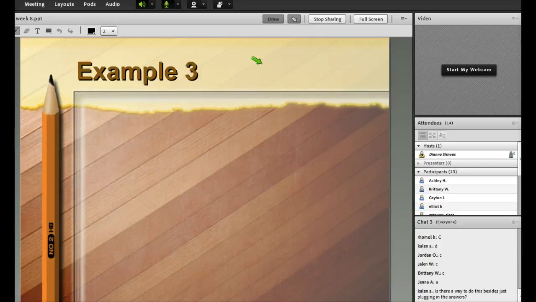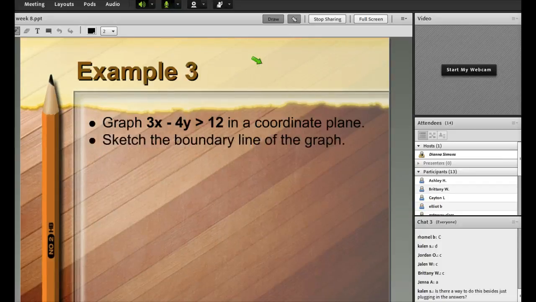Let's try again. Now, you can do one of two things with this one. You can find the zeros and then graph it, or you can put it in y equals form and put it on your calculator and graph it. It doesn't matter which one you do, okay?